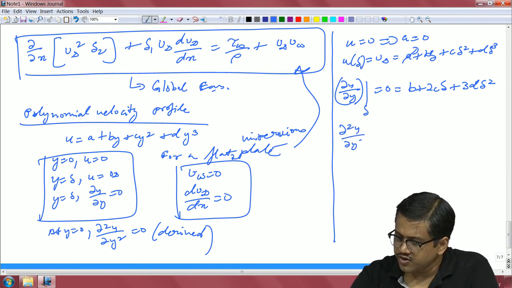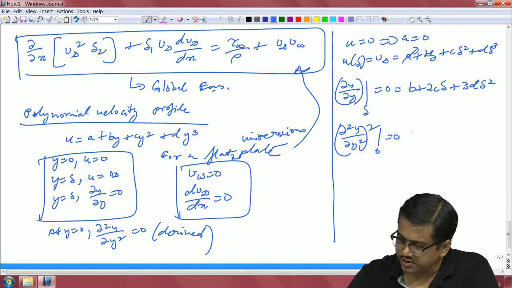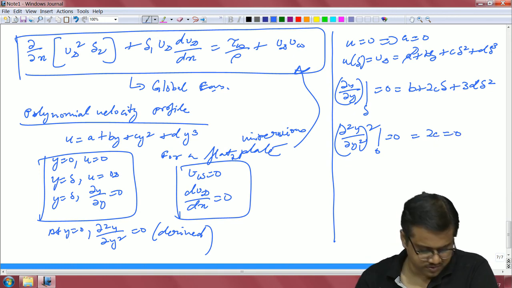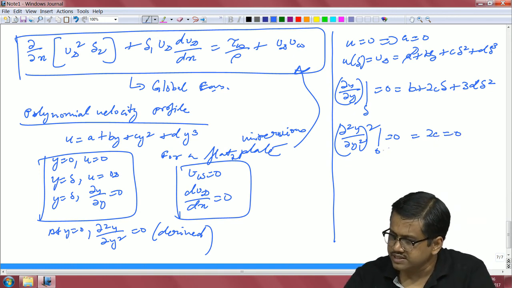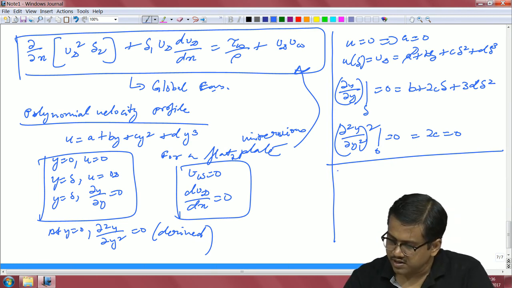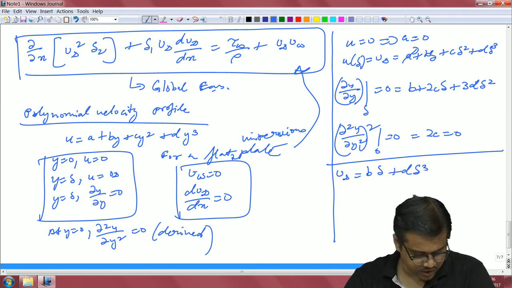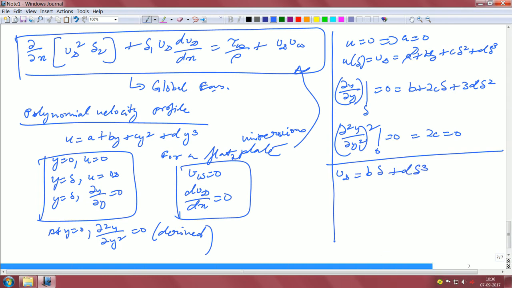Thirdly, d square u by dy square at 0 is equal to 0 implies 2C is equal to 0. Accumulating all these, we have u infinity equal to B delta plus D delta cube, and 0 equal to B plus 3D delta square. You can solve for B and D from these expressions.